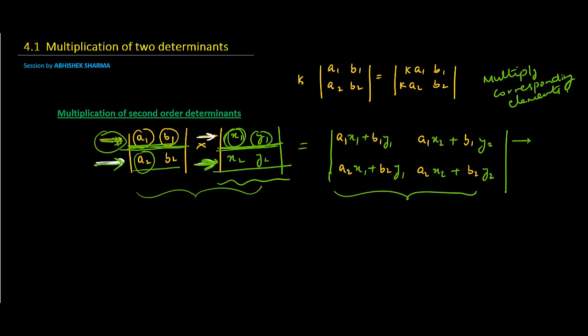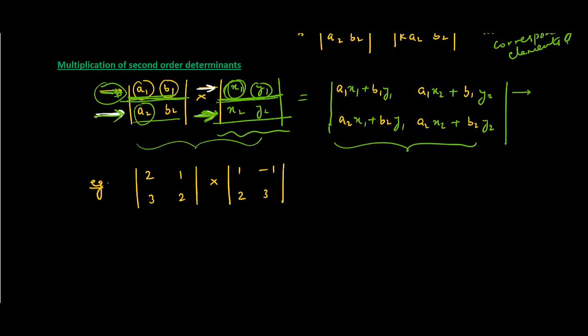Let's verify this using some values. For example, the value of the first determinant is 1 and the value of the second determinant is 5, so their product should be equal to 5. Let's verify this using the above approach. We multiply this row with the corresponding elements of this row.